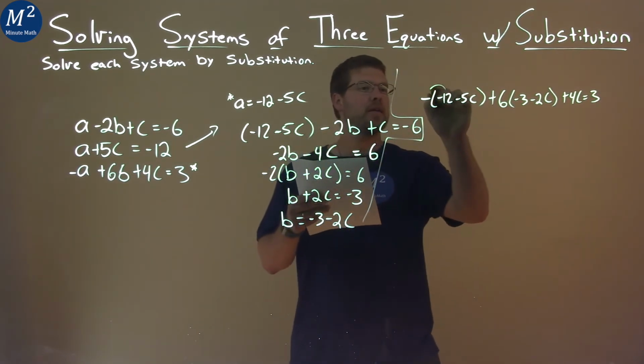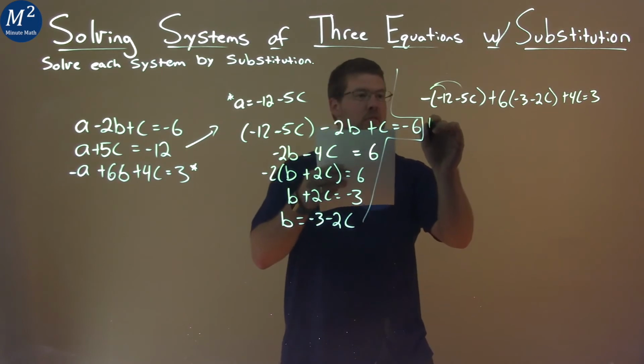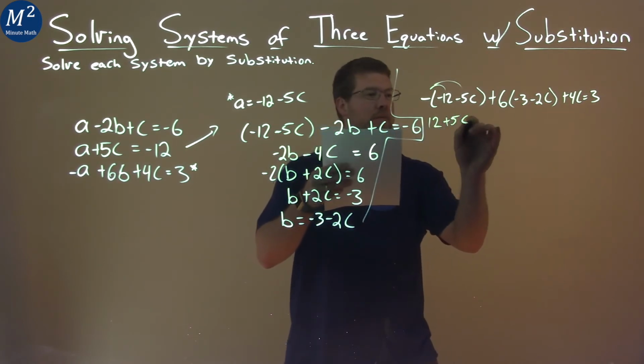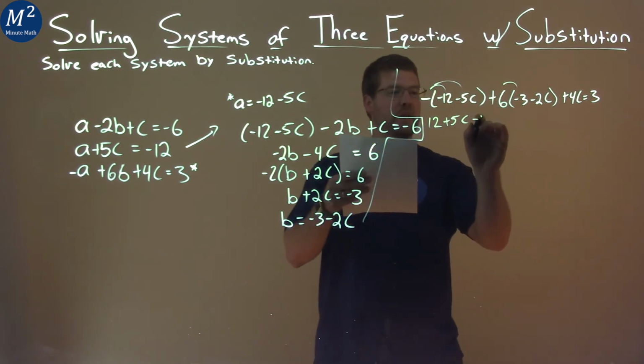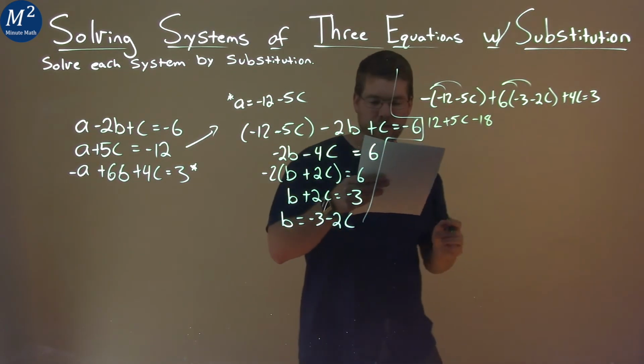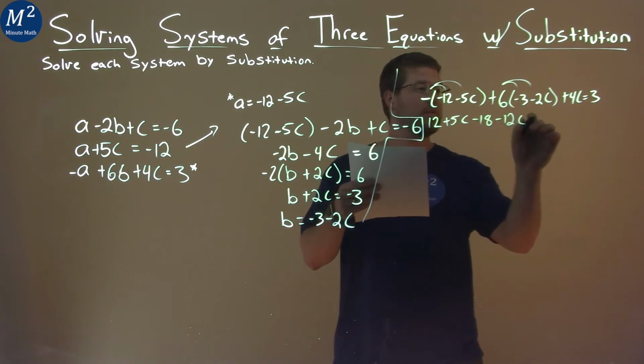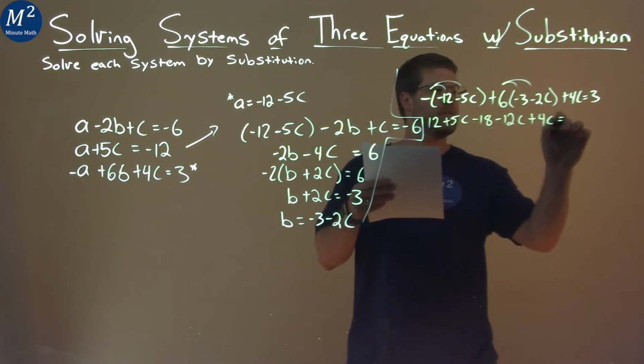And now let's simplify that. Distribute the negative sign to both parts, and we have positive 12 plus 5c. Then distribute the 6. 6 times negative 3 is minus 18. 6 times negative 2c is minus 12c. And then we add 4c, and it's equal to 3.